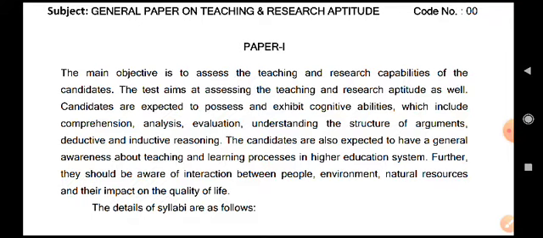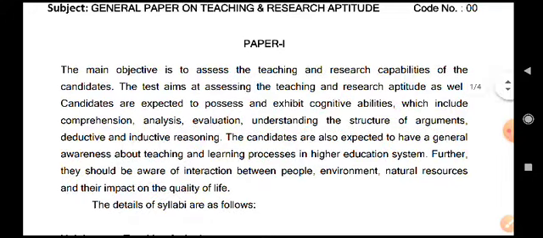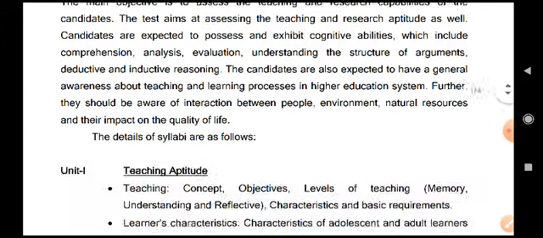The candidates are also expected to have a general awareness about teaching and learning processes in the higher education system. Further, they should also be aware of the interaction between people, environment, natural resources and their impact on the quality of life. The details of the syllabi are as follows.